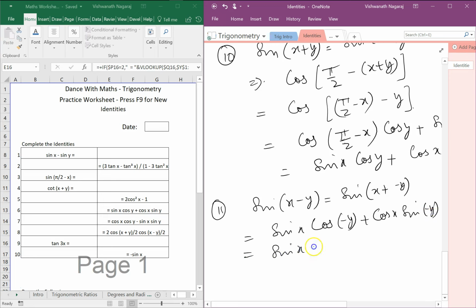So sin x cos minus y is what? Cos y. Plus cos x sin minus y is what? Minus sin y. So this becomes sin x cos y minus cos x sin y.